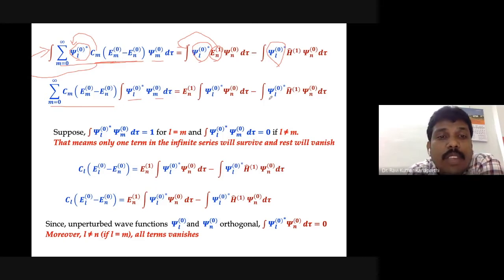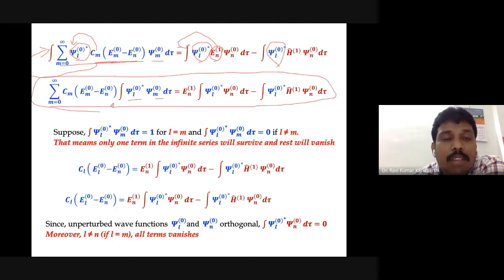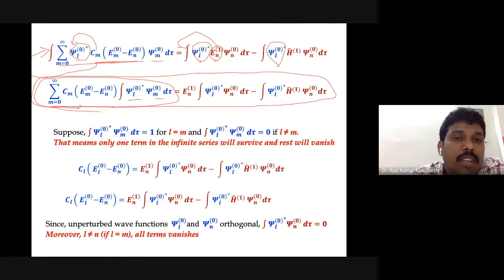Now in this particular expression there are two things that can happen, especially if you look at the left hand side factor. It is an infinite power series. So here you have infinite terms on the left hand side.